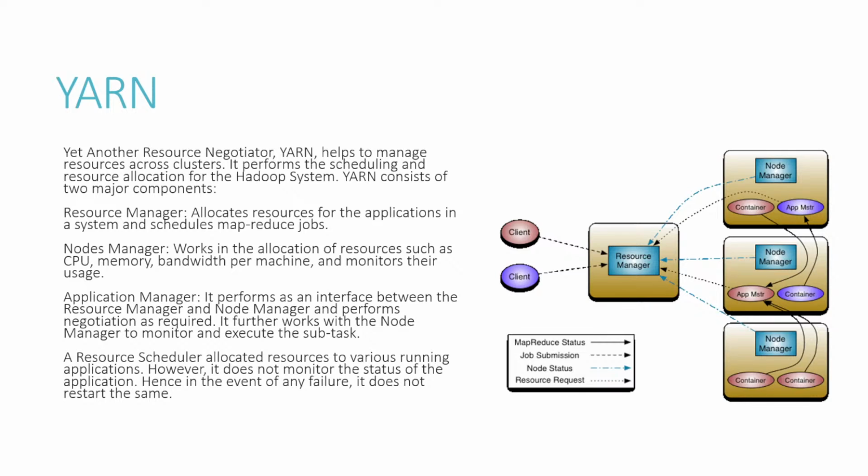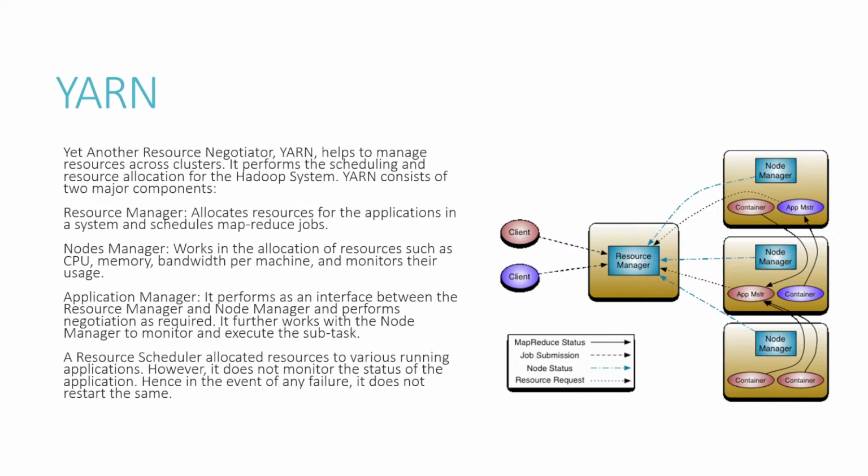Node manager is where the allocation of resources such as CPU, memory, and bandwidth happens, and it monitors the usage. The application manager performs the interface between the resource manager and the node manager, and it performs any negotiation that's needed. So if some more memory is needed, all that is handled by the application manager. It also works with the node manager to monitor and execute the subtasks.